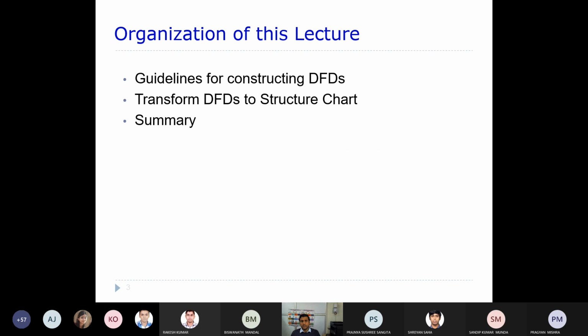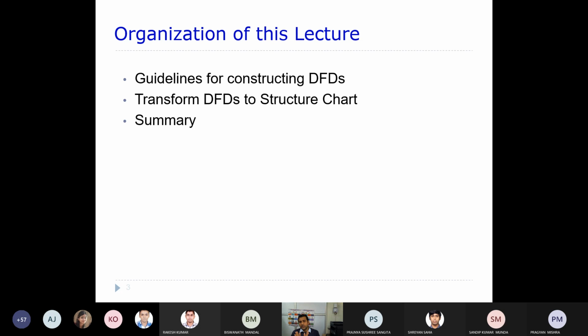Now can you see the new slide, students? Yes, sir. Okay. Now we'll see certain guidelines you need to follow while constructing the DFDs. And then we'll see how we transform these DFDs into a structure chart.